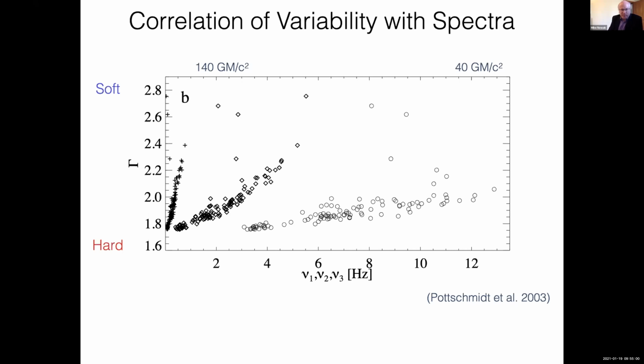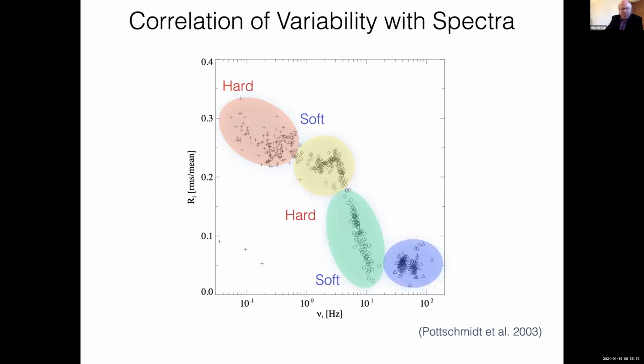So these are timescales consistent with being from 20 to 70 times the Schwarzschild radius of Cygnus X-1 in this particular case. And you can see that this is indicating that something structured is going on. Likewise, the amplitude of these variations tends to vary with both frequency and spectrum in the system.